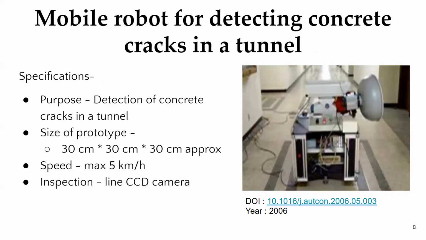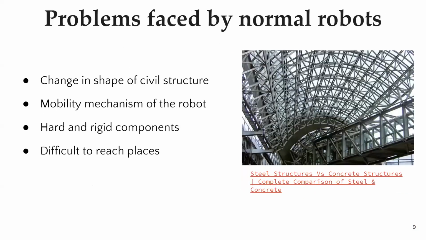This is an example of a robot. It is made to detect concrete cracks in a tunnel, as you can see. So basically, to sum it up, there are problems with the normal robots, primarily the mobility of the robot and also non-uniformity in the civil structures.